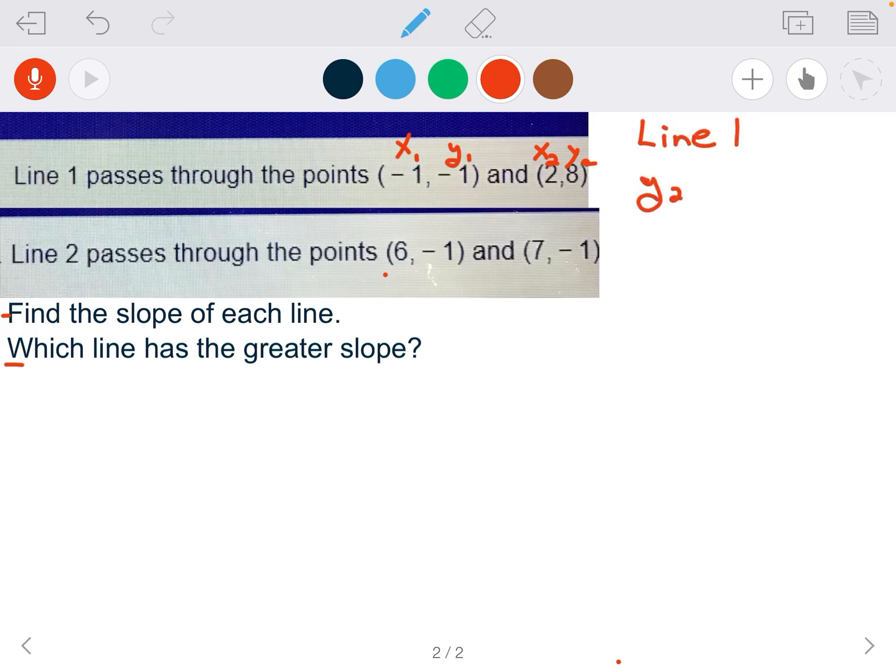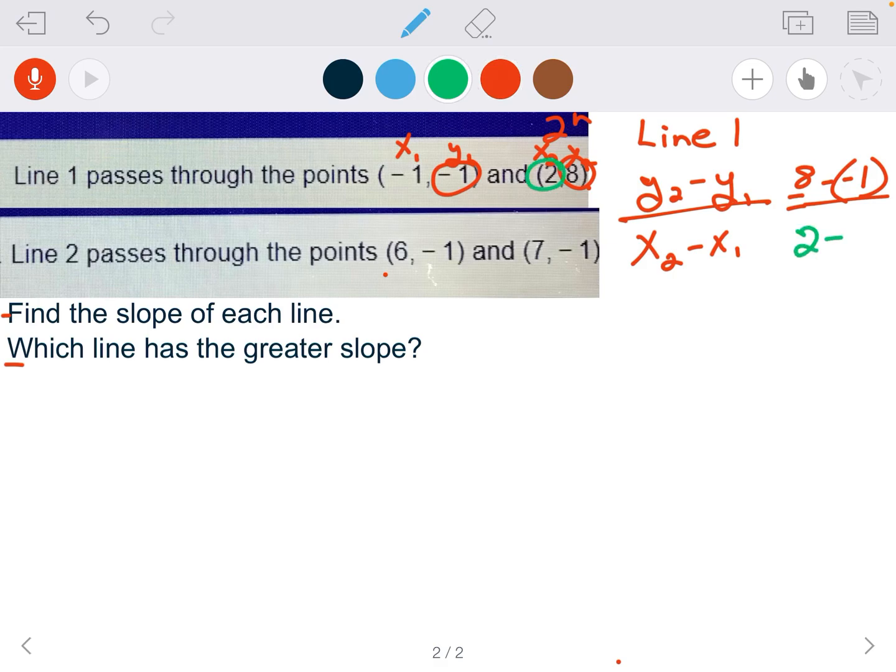Our y value of 2, in other words, 2 means it's the second set. This is the second set of ordered pairs, minus your y value of 1, over x2 minus x1. So we have 8, y2, minus a -1, over 2 minus another -1.